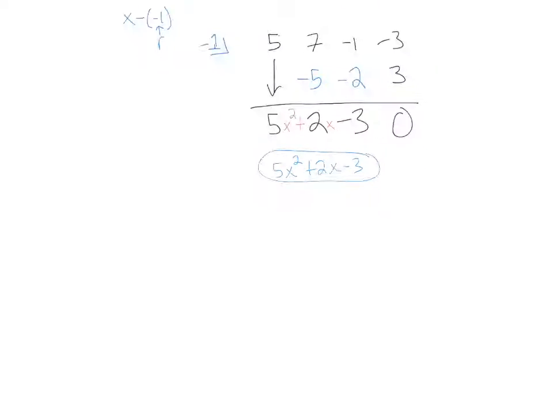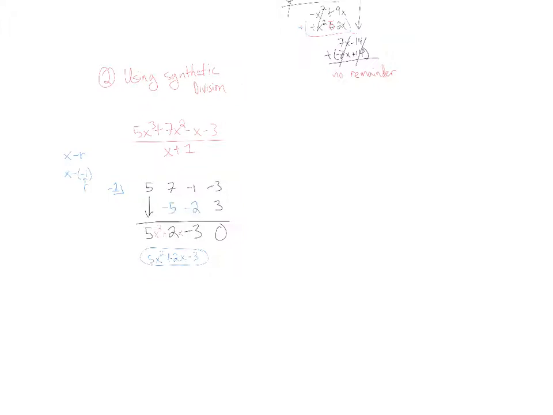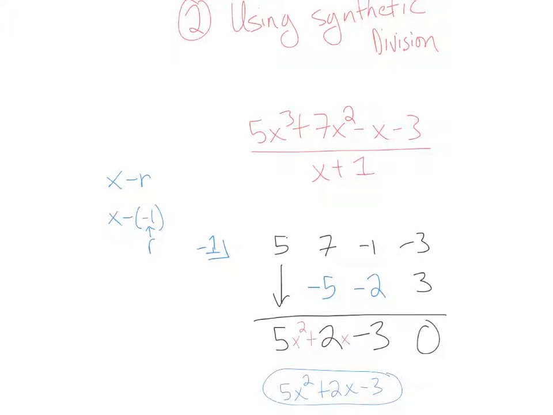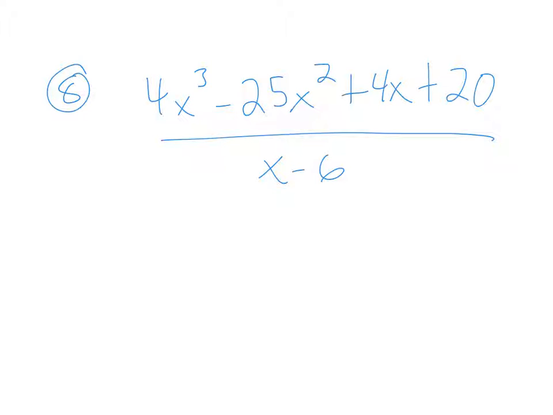Let's move on to number, I think, 8. Yeah, I'll go ahead and do number 8 for you guys really quickly. Okay, here we've got a polynomial divided by a binomial, and our binomial is in the form x minus r. So we can use synthetic division. I'm just going to write the coefficients of that polynomial in my numerator.